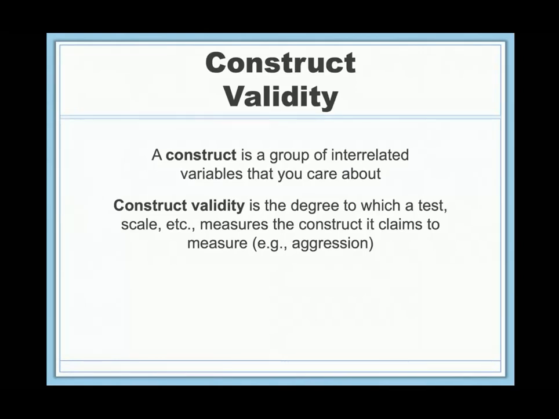Just as one final note, a way to sort of get at the construct validity is to correlate your scale, for example, or your test or whatever you did, to actual outcomes. If you developed an aggression scale that's designed to measure aggression, do you find a correlation between how people do on your scale, how aggressive they appear to be on your scale, and how much aggression they actually show in real life?